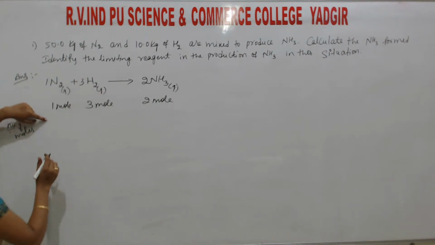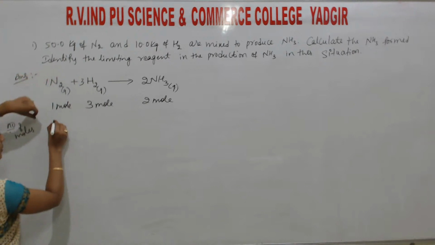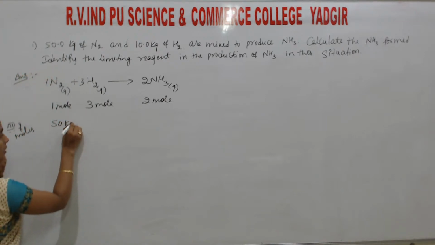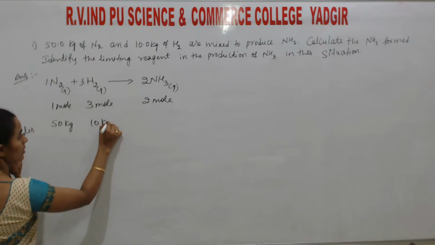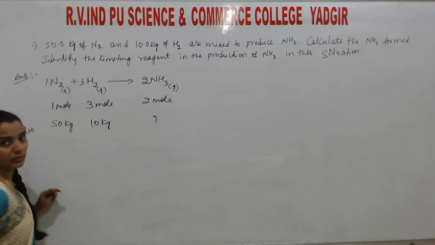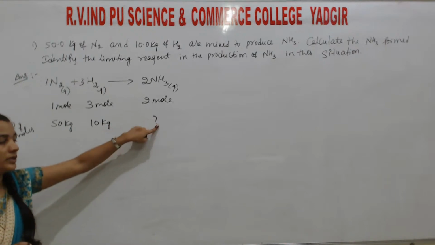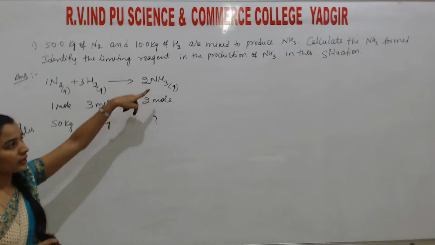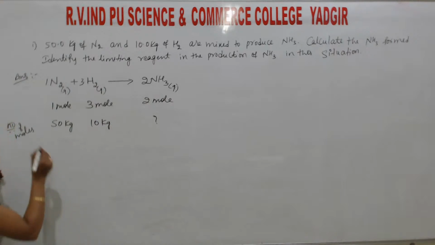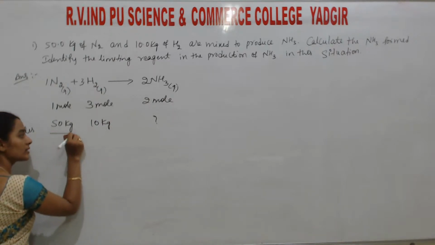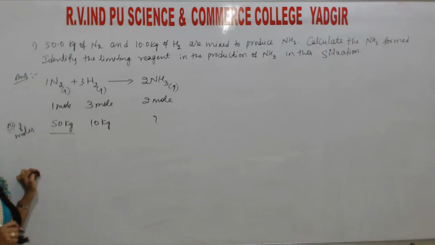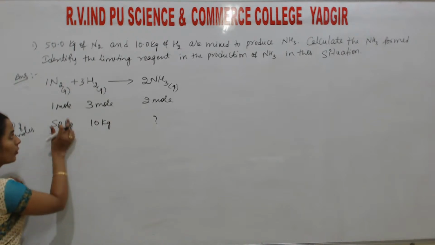Listen, the given mass of H2 is required. This is 50 kg, this is 10 kg; this is the question, because we have to find out when these two react with this amount, how much NH3 is produced. Next, divide the given mass by the molecular mass. What is the molecular mass of N2 for 1 mole?